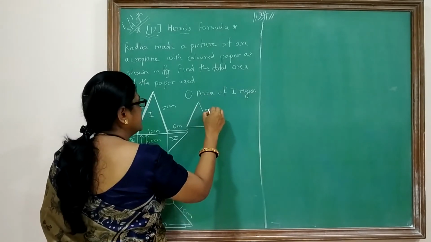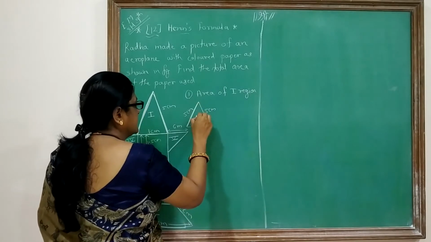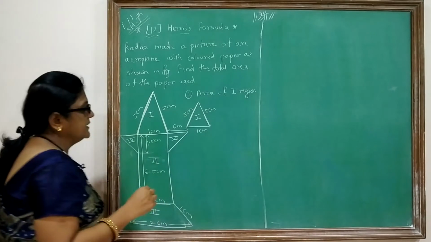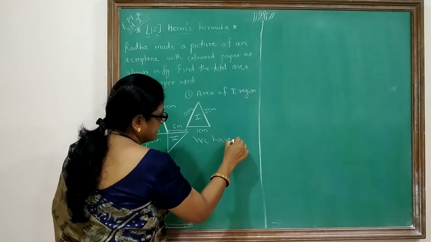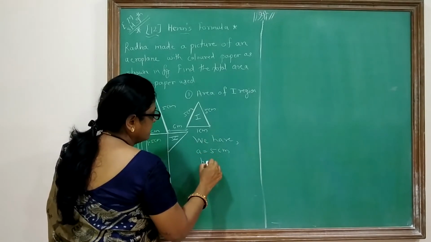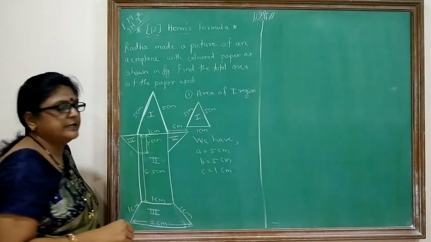This is 5 centimeter, this is 5 centimeter, and this is 1 centimeter. This is the area of one region. Here a equal to 5 centimeter, b equal to 5 centimeter, and c equal to 1 centimeter.